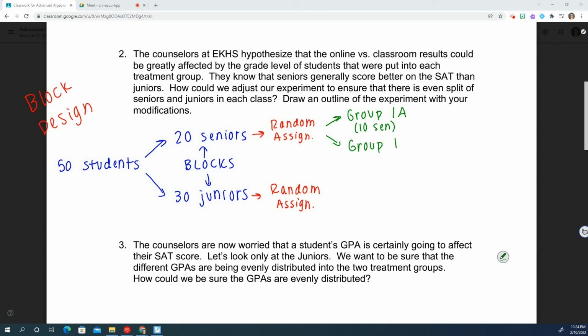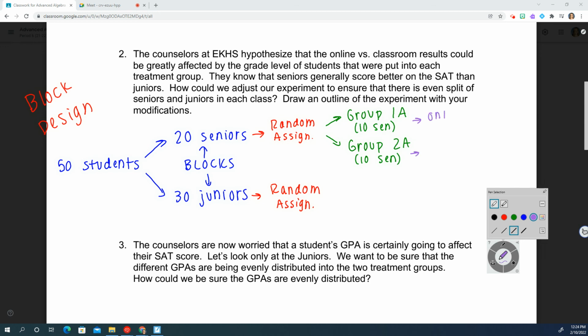Group 1B, sorry, I'll do 2A, 10 seniors. Again, we want our groups to be roughly equivalent. And then we'd apply the 2 different treatments to those groups. So we'll stick with the first one gets the online prep. This one gets the teacher prep.